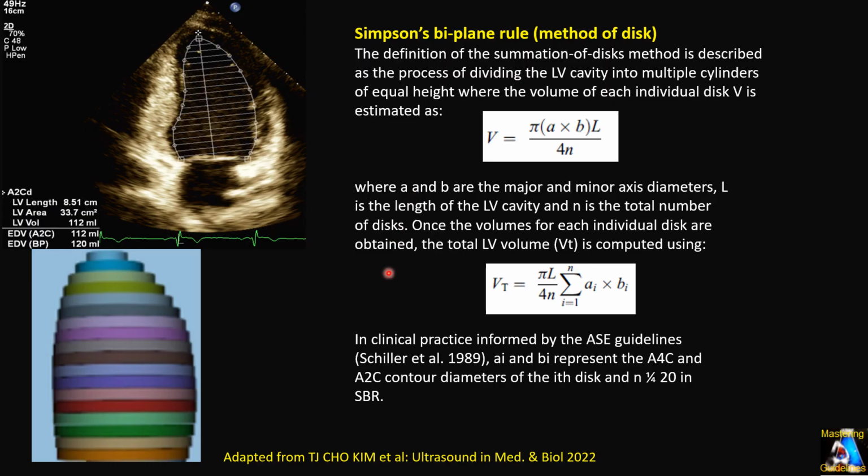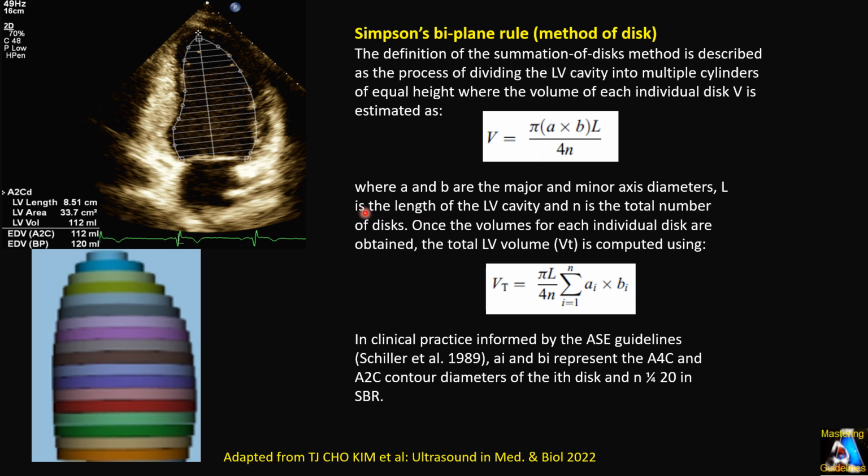In modified Simpson, or method of discs, the left ventricle is divided, in most software, into 20 discs of equal height, as you can see here. Just by tracing the endocardium and the length of the left ventricle, the machine automatically divides it into the 20 discs, and each disc's volume is calculated by this formula.